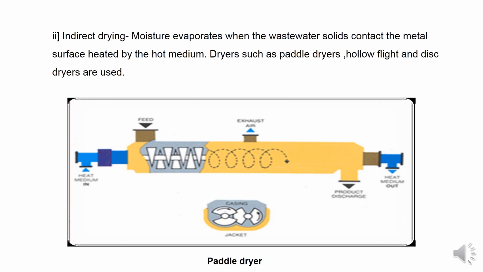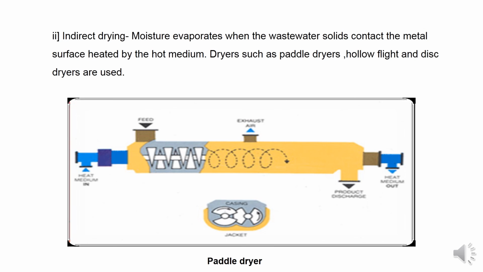Here you can see fins coupled with the shaft, which rotates at a very low RPM. This gives a compressive force inside the sludge, and the heat medium passed at one end of the vessel will dry the sludge. So compression force in addition to the heat medium removes the water from the sludges.